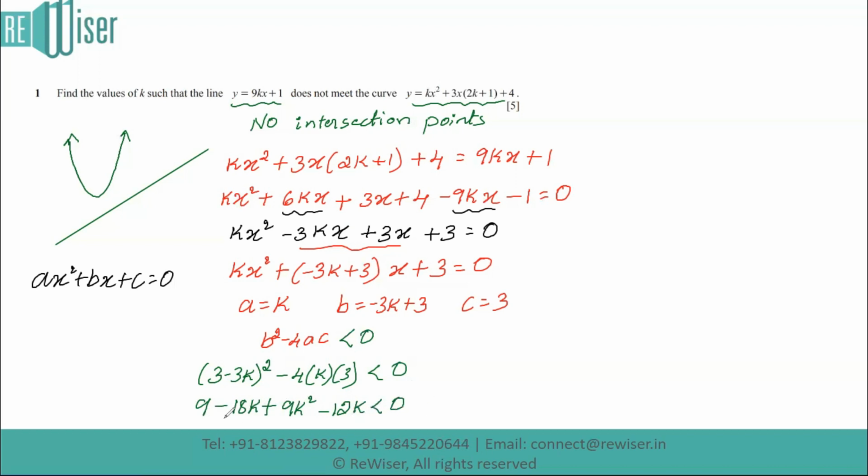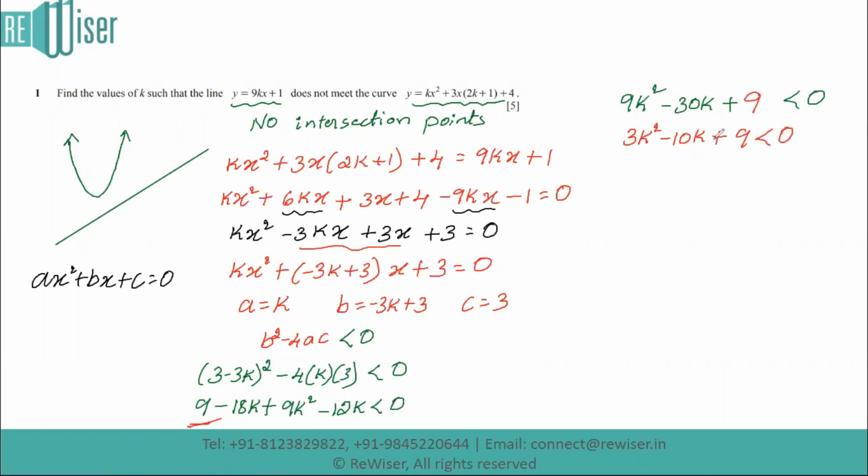Simplifying, I get 9k² minus 18k minus 12k, which is minus 30k, should be less than 0. Because every coefficient is a multiple of 3, I can divide throughout by 3. That gives us 3k² minus 10k plus 3, oh, this is just 9, not 9k, because the last term is 9, plus 9 is less than 0.